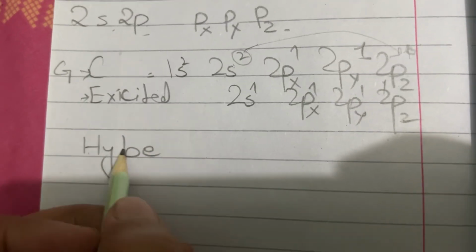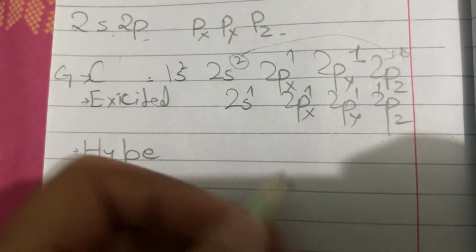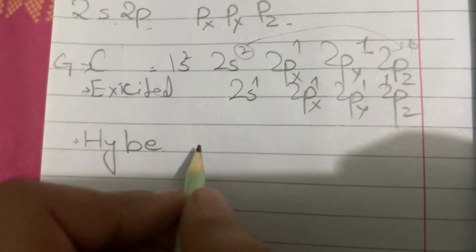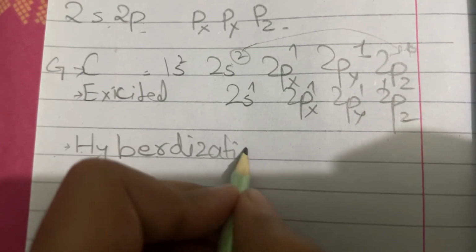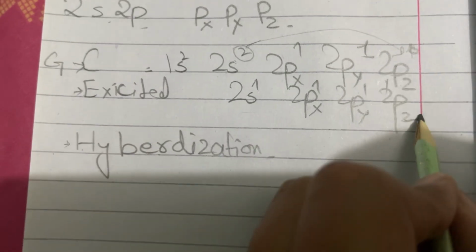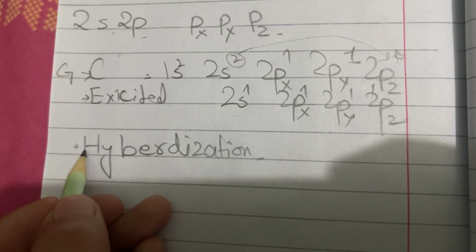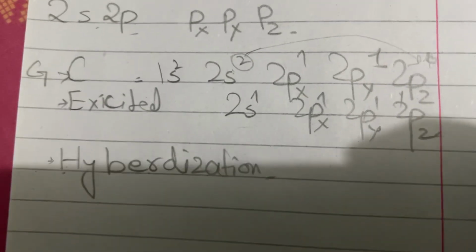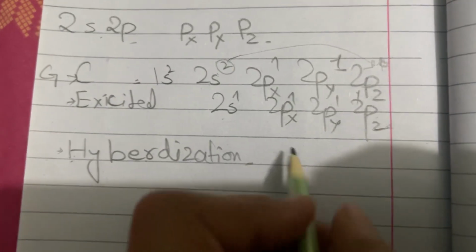And what happens when the hybridization takes place? When an atom starts to make bonds, hybridization takes place between these orbitals. What happens in hybridization? I have told you before in the video of sp3 hybridization that mixing of these orbitals happens.